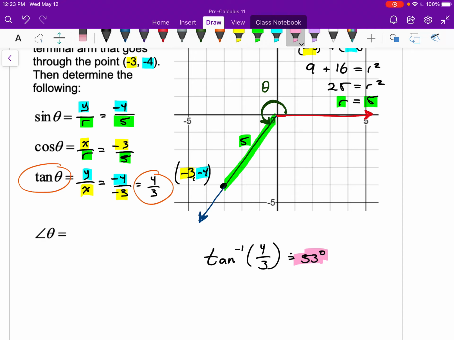I can see it's more than 180. So what does that 53 degrees represent? That's not my overall answer, because remember, there's many ways an angle can end up in this position. 53 degrees is the reference angle, which we were introduced to in the last lesson, which means 53 degrees is this angle from here to here, which means I know this angle in green is 180 plus 53 degrees.